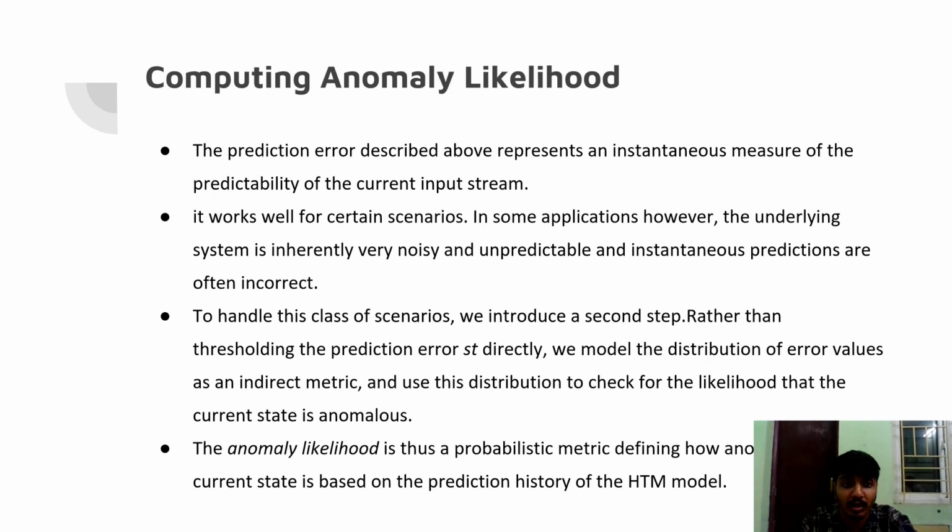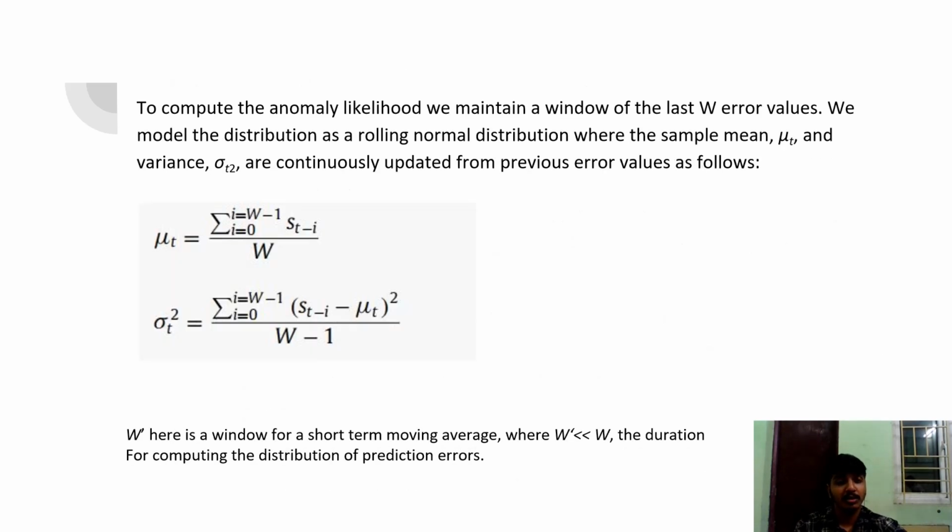Now coming to the computation. To compute the anomaly likelihood, we maintain a window of the last W error values. We model the distribution as a rolling normal distribution where we take the sample mean and variance, and we continuously update from the previous values using the given formulas.